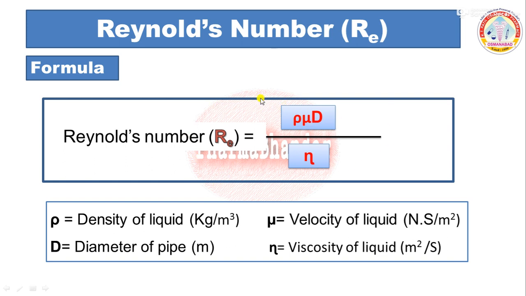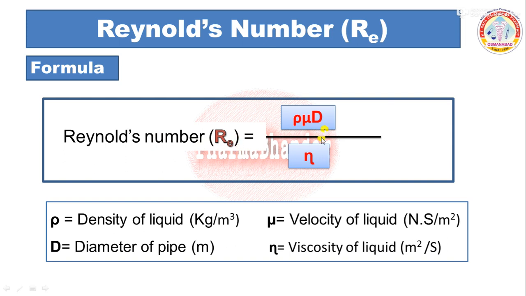This final equation of Reynolds number signifies that as the density, velocity, and diameter of pipe increase, the Reynolds number also increases. And this Reynolds number is inversely proportional to viscosity. That means as the viscosity increases, the Reynolds number decreases.